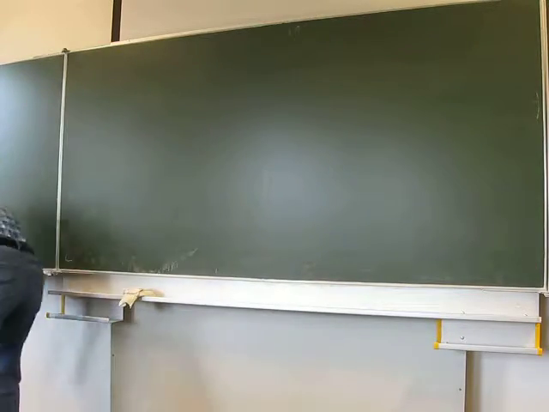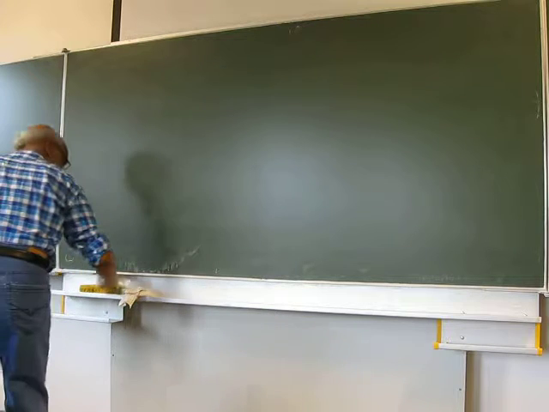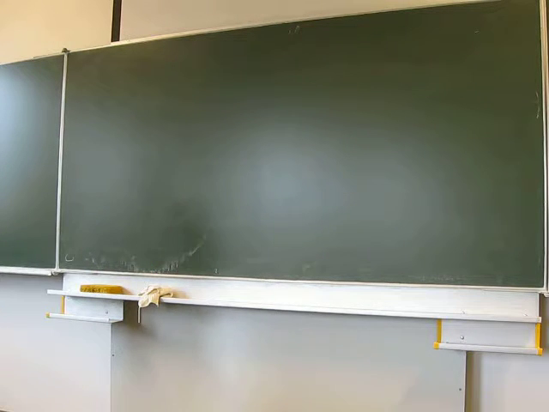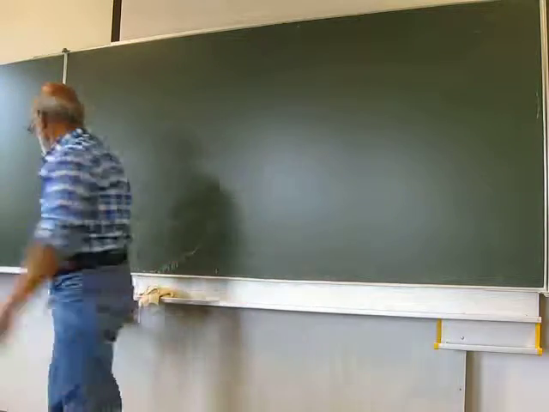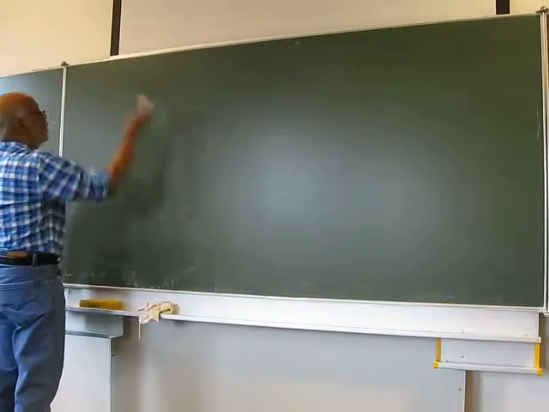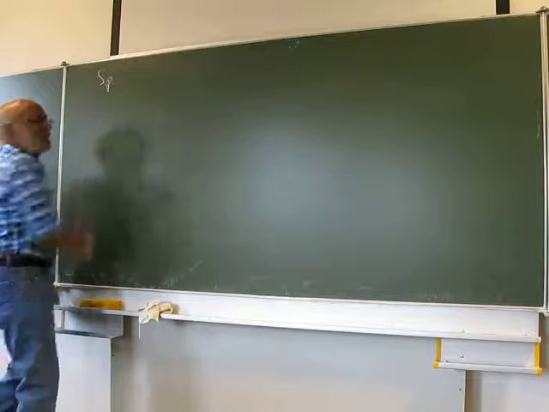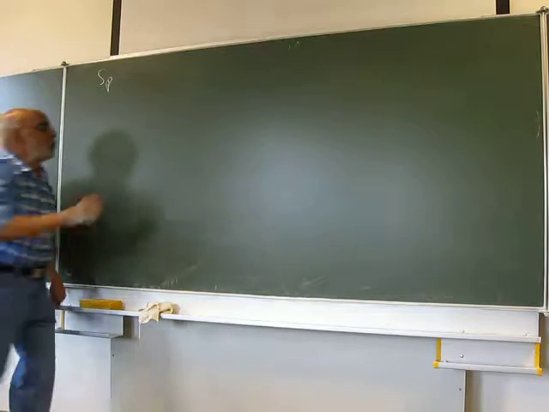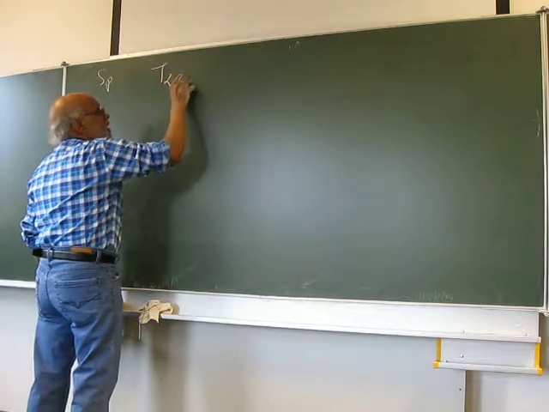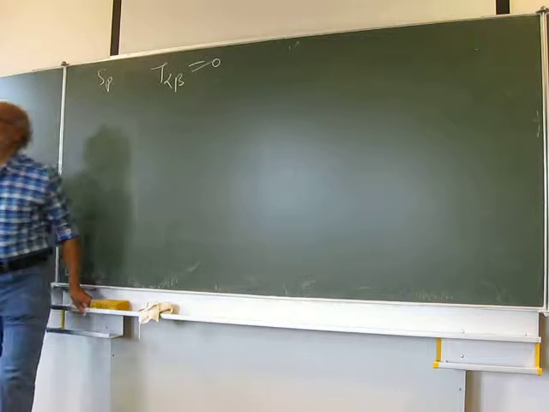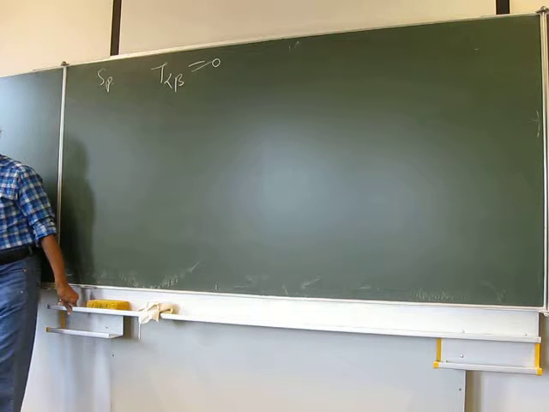Now, one thing: what we have studied in the past, in general, for the Polyakov action, we have proved that T alpha beta is equal to 0, correct?